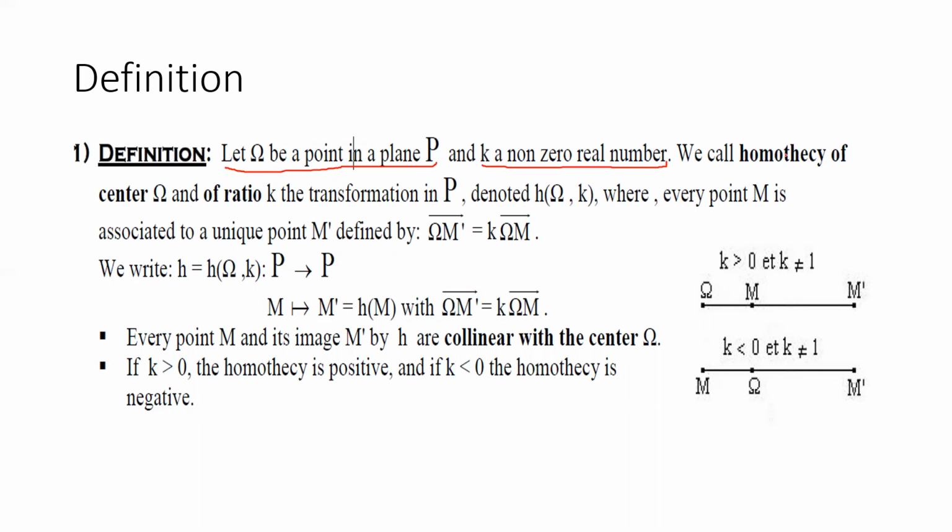We call a dilation, or homotopy, of center omega and ratio k, the transformation denoted by h omega k, where every point m has a unique image point m prime defined by the vector relation omega m prime equals k omega m.